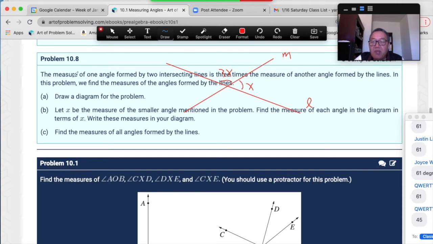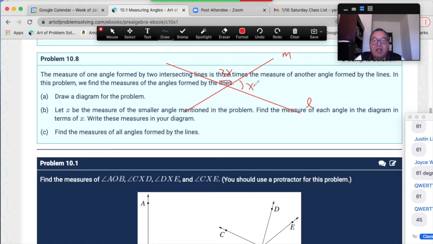Then A, they ask you to draw a diagram for the problem. That's what I drew here. Then let x be the measure of the smaller angle.